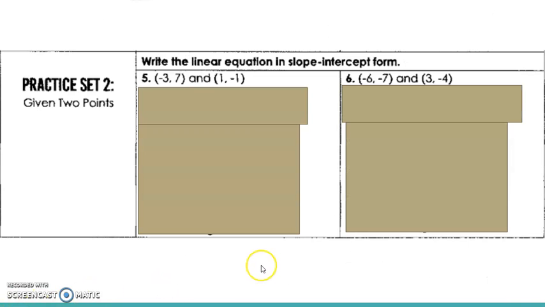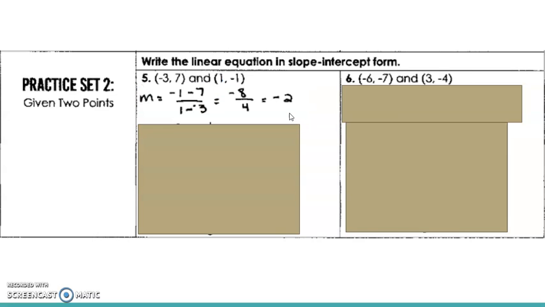We can also do this when we are just given 2 points. The only difference between these problems and the problems we just did is we have to find our slope using that slope formula first. So we're using y2 minus y1 over x2 minus x1. When I do it for this problem, I get that my slope is -2.